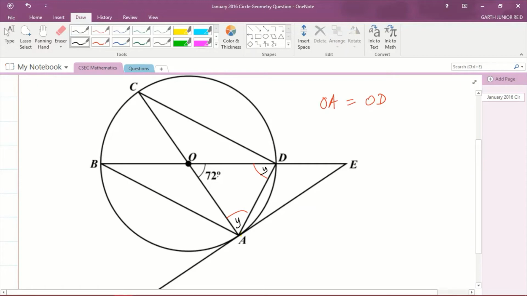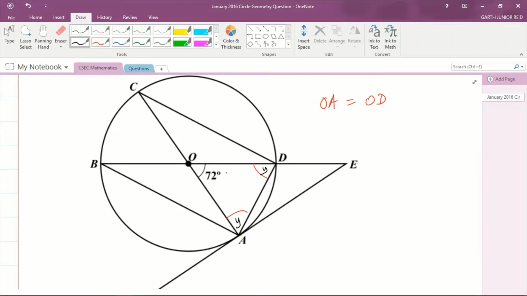Good. Now, how do we calculate the value of Y? Well, we could use the fact which says that the sum of all the interior angles of the triangle is equal to 180 degrees.